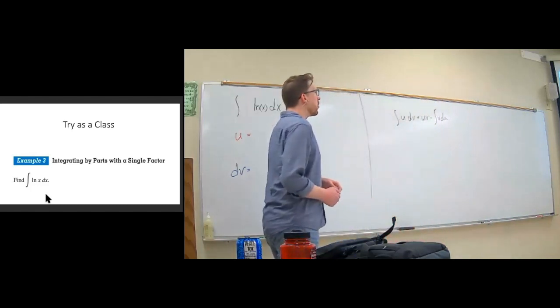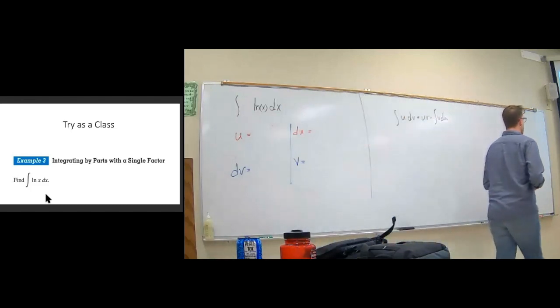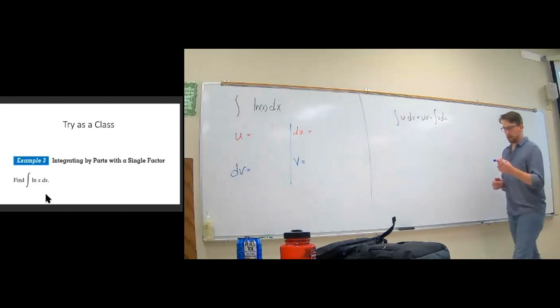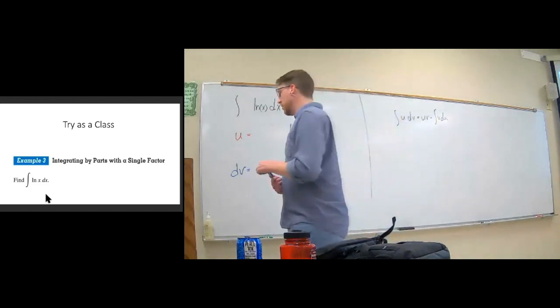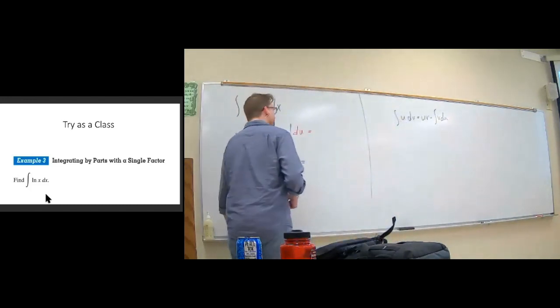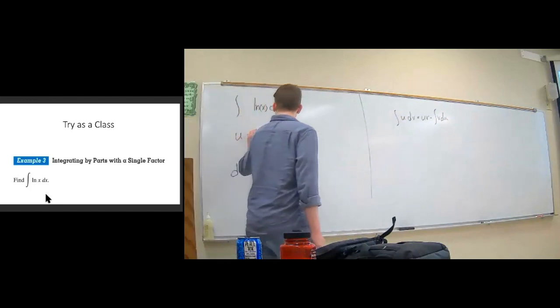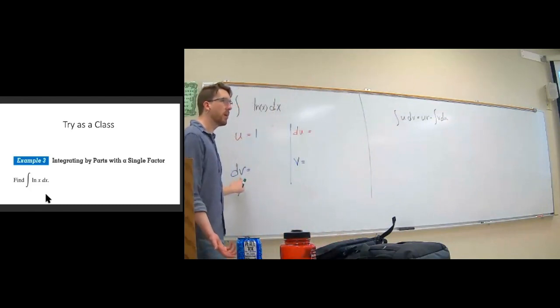So we're going to solve this by starting with the question of what's u. What do we think u is going to be here? Let's argue that u is going to be 1. If that's the case, then dv is going to be the ln of x dx, right?